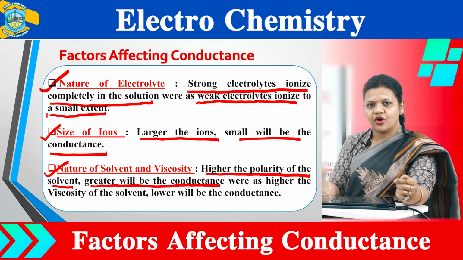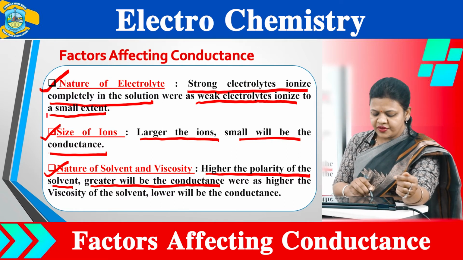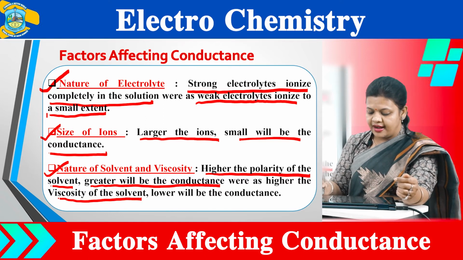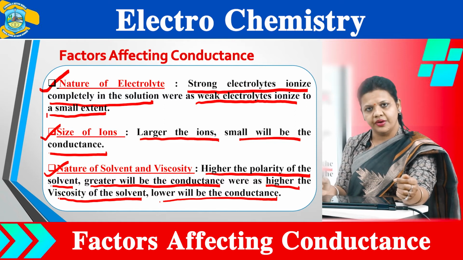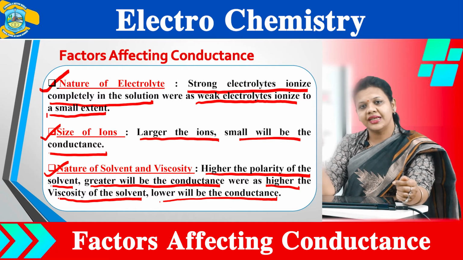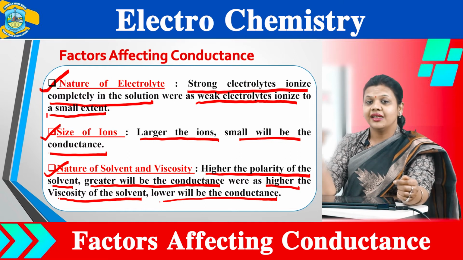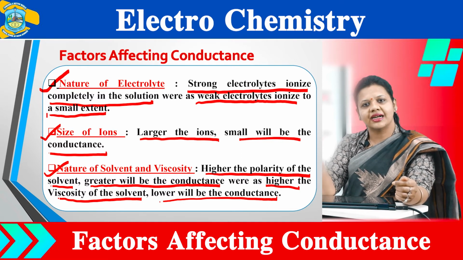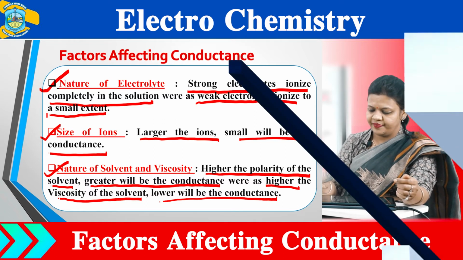Similarly, if the viscosity of the solvent is higher, the conductance of the solution will be lower. So we may say that polar solvents will increase the conductance, and with increase in viscosity, the conductance will decrease.